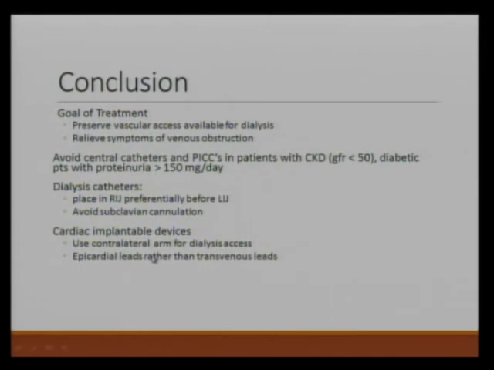For cardiac implantable devices, use a contralateral arm for dialysis access because you're likely to have a stenosis on the left. So try the right. And then hopefully, people will more and more be using epicardial leads rather than transvenous leads to preserve that left-sided central vasculature for dialysis access. So that's it. Thank you.